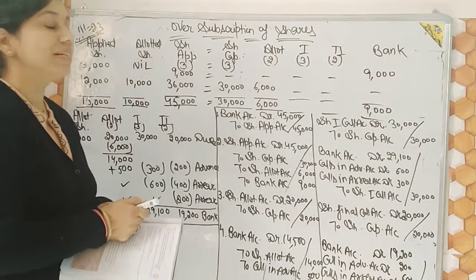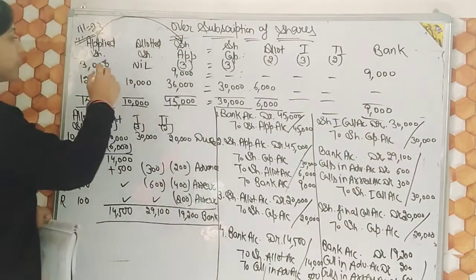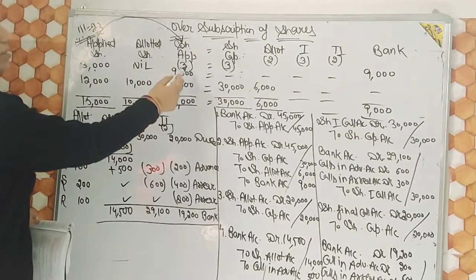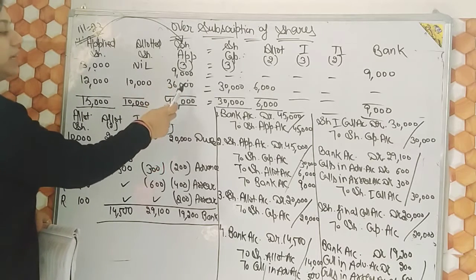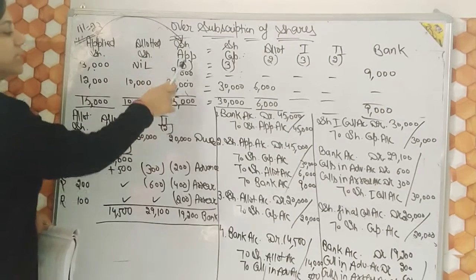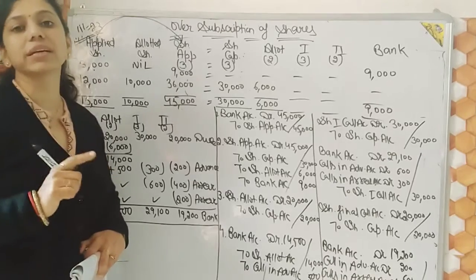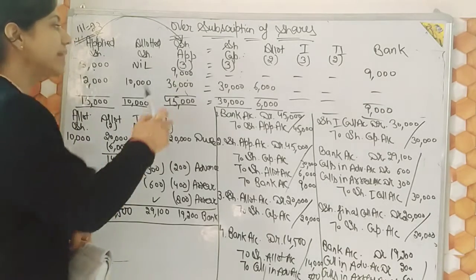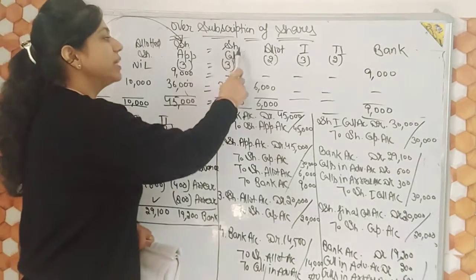The first step is to multiply applied shares with application. 3,000 multiply 3, that means 9,000, and 12,000 multiply 3, that means 36,000. So the total will be 15,000 multiply 3, 45,000. Keep it in mind, whenever there is a case of oversubscription, then after application you have to make one more column of share capital.